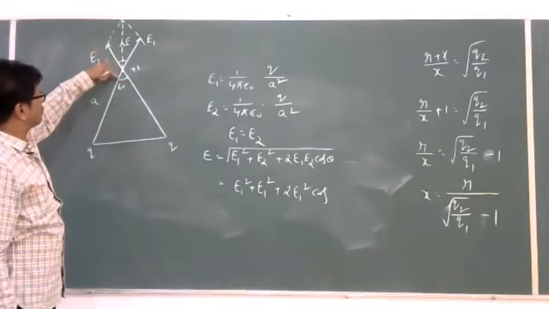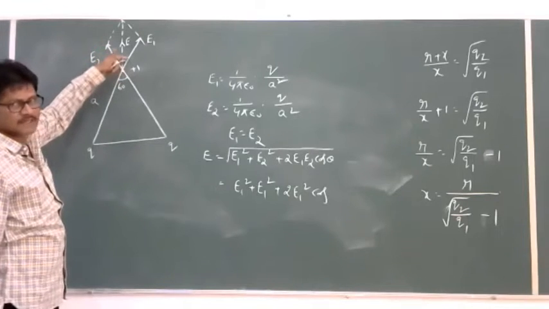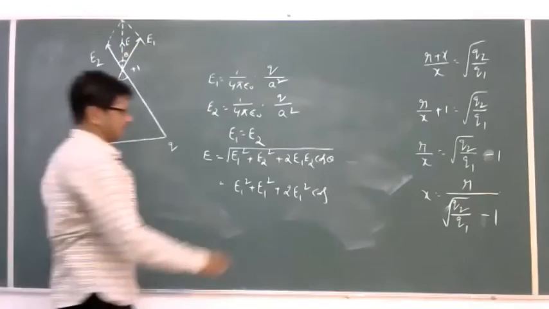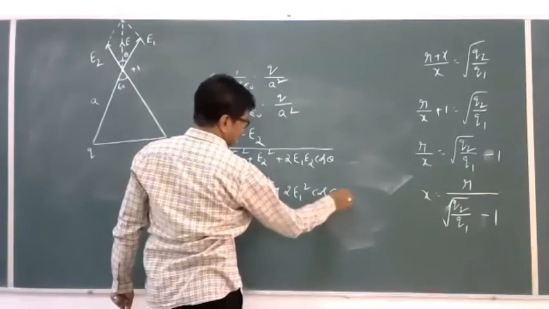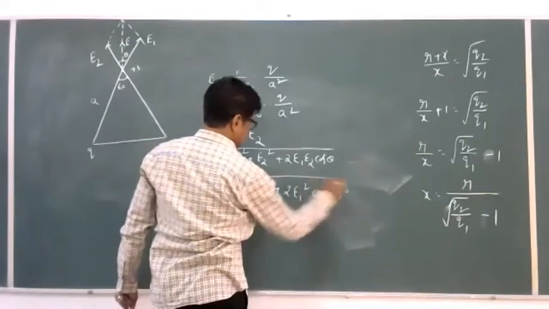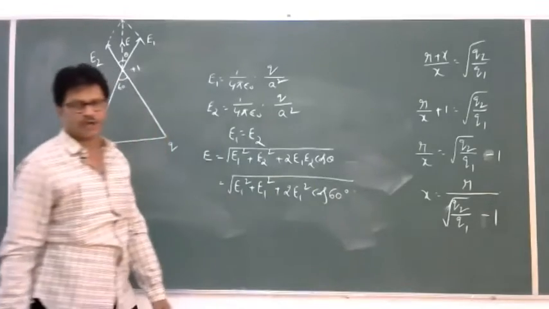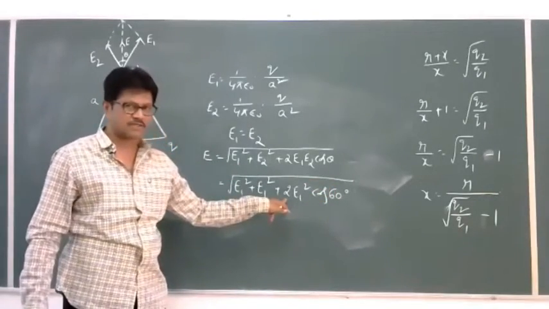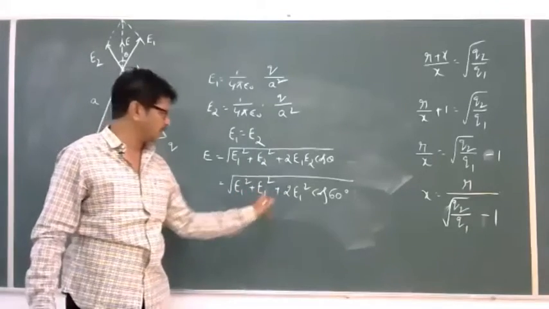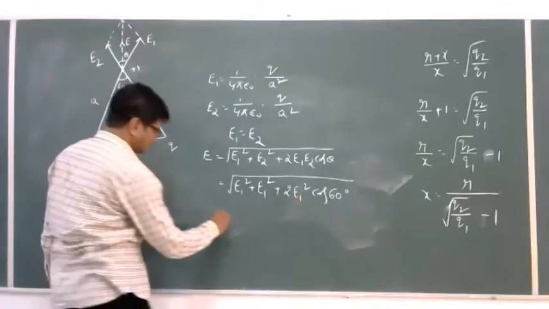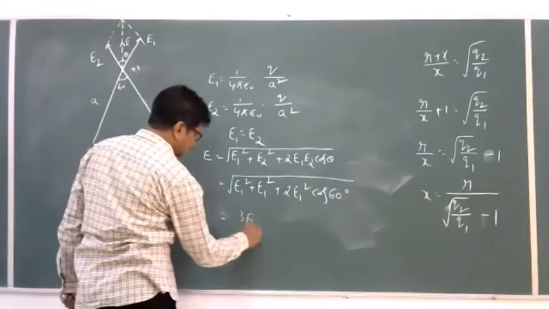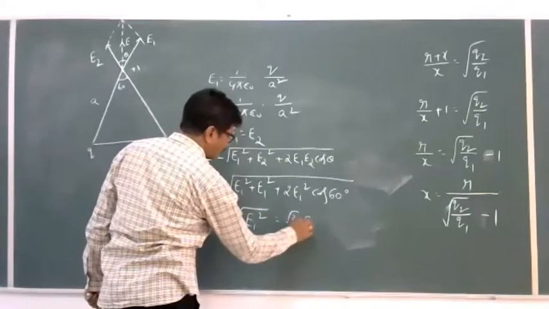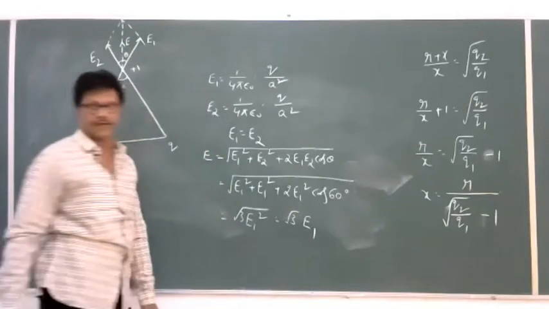So these two are vertically opposite angles. Therefore, theta value will also be 60, cos 60. Cos 60 is 1 by 2. 1 by 2 and 2 get cancelled. E1 square plus E1 square plus E1 square, 3E1 square, which is equal to root 3 E1.